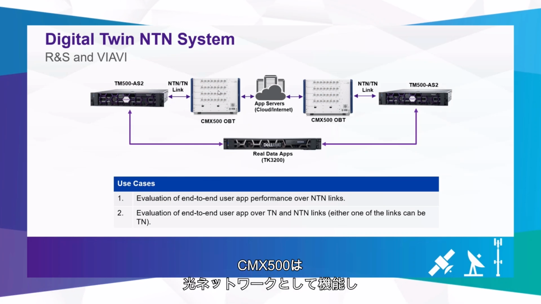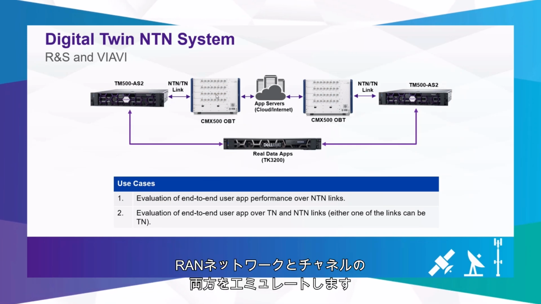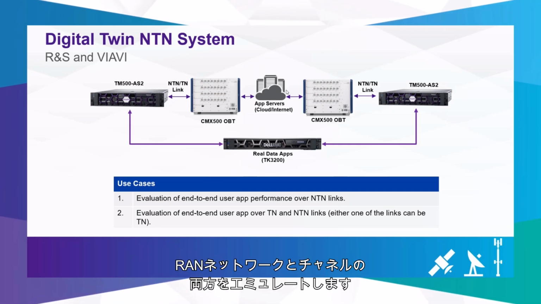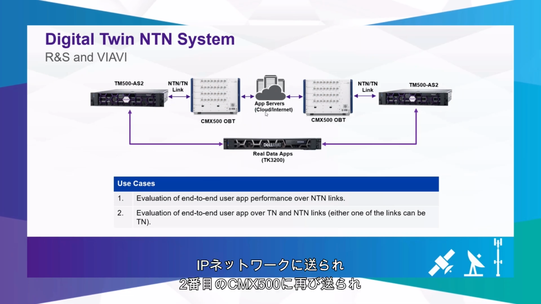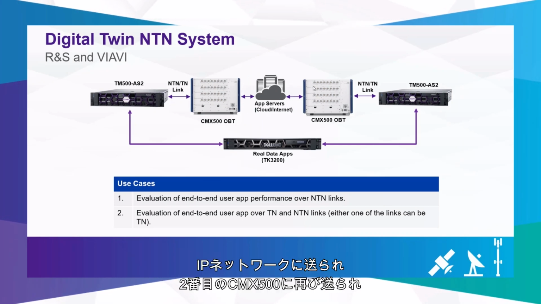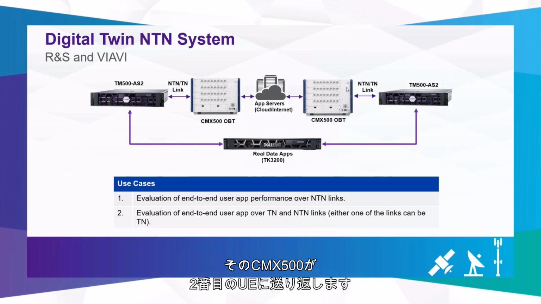And we go through the CMX500, which acts as the network, emulating both the RAN network and the channel. All that data goes into the IP network as usual, and then can be fed out again to a second CMX, and that CMX routes it back to the second UE.